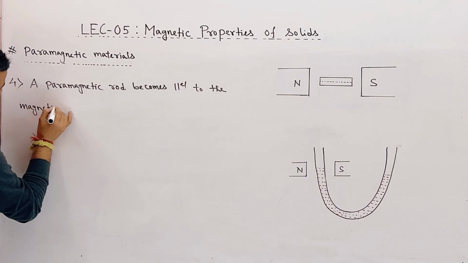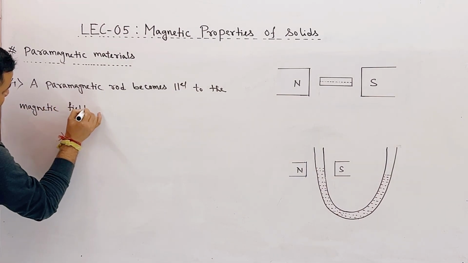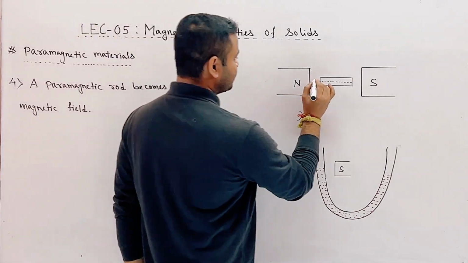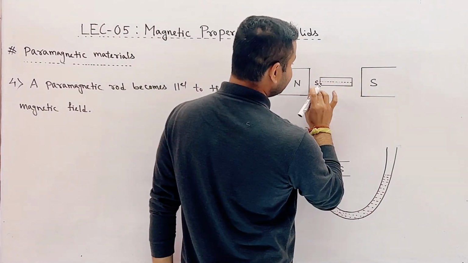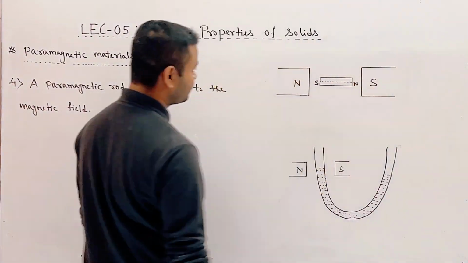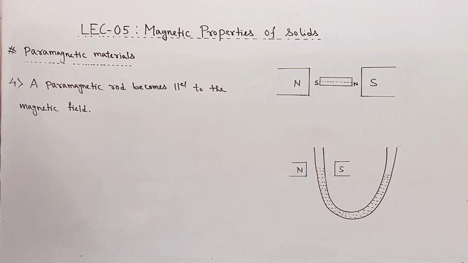So, this will be south pole and this will be north pole of this paramagnetic rod.